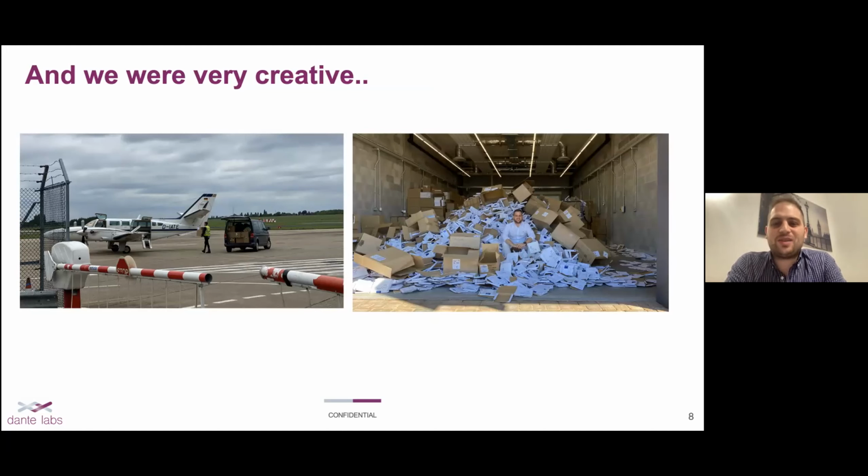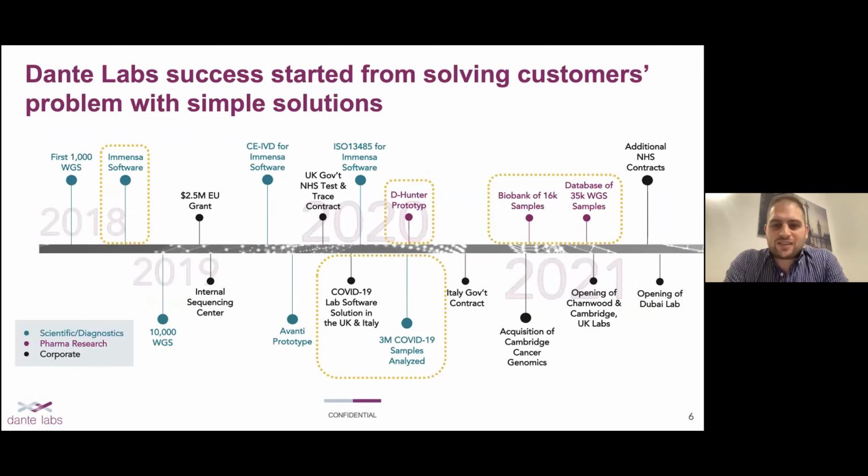And what we did, basically, we took a warehouse in the United Kingdom, and here is where we were. In the first days, we were unboxing packages, preparing samples, and flying samples back to Italy, where we could analyze those samples. And we were able to fulfill the customer needs of the NHS.